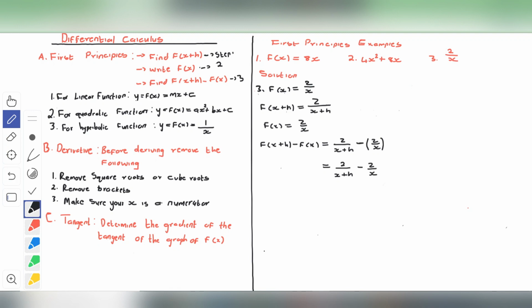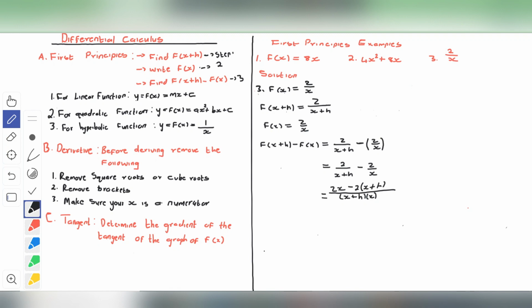So we are not done. From this, we need to combine our fractions. When we combine our fractions, we take those two denominators the way they are. Here we're going to have 2x, and then here x and x are going to cancel out, and we'll be left with 2 into x plus h.